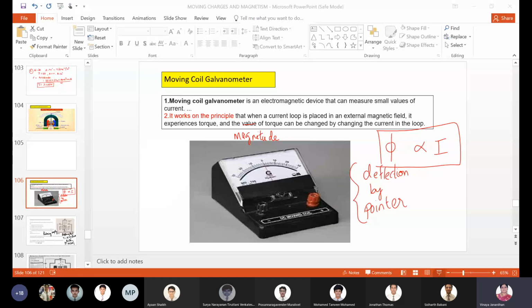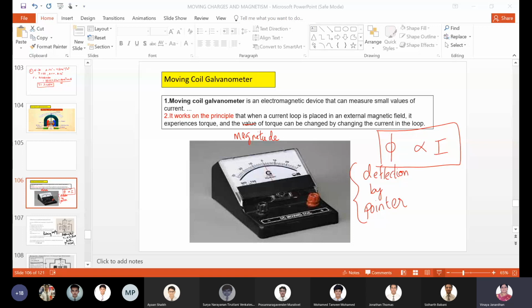Basically, it is used to detect current. It works on the principle that when a current carrying loop is placed in an external magnetic field, it will experience a torque, and the magnitude of the torque changes by changing the current in the loop, which means the extent of rotation of the coil depends upon the magnitude of the current.